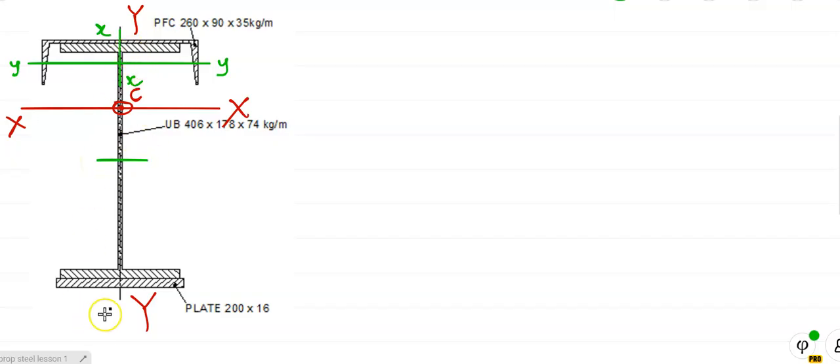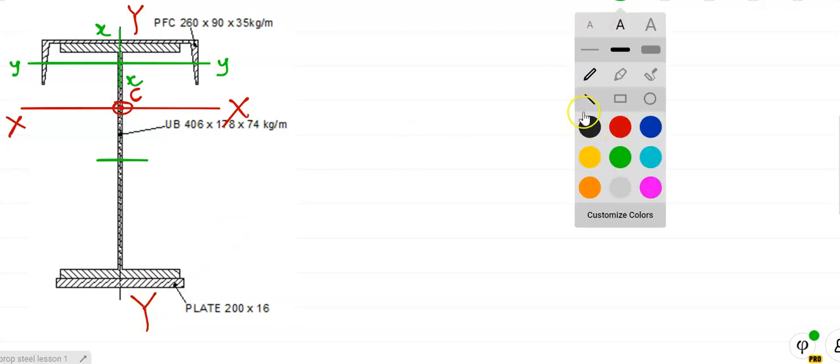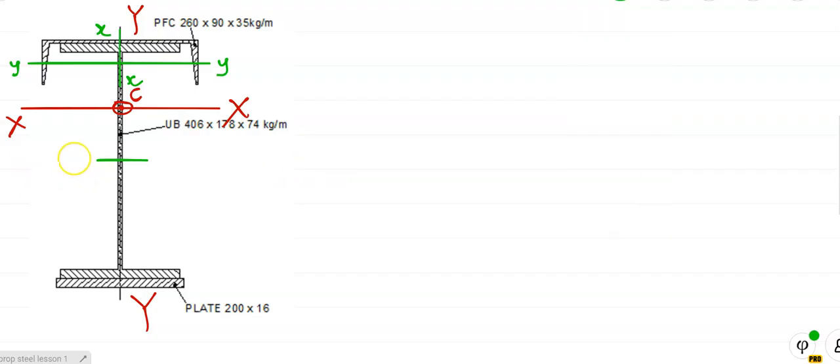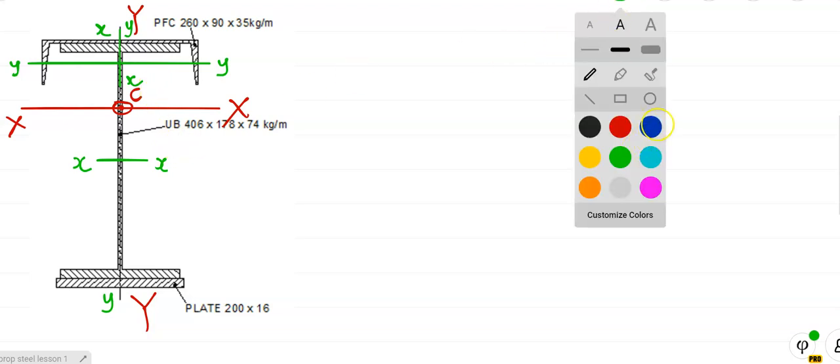And the y-axis for the I section is sitting on the y-axis of the whole cross section. Did you get that? So this here is the x-axis of the I section, and this here is also the y-axis of the whole cross section. So that's the x and y-axis of the I section, and that's the y-axis and x-axis of the channel. Right, I've drawn them all here.